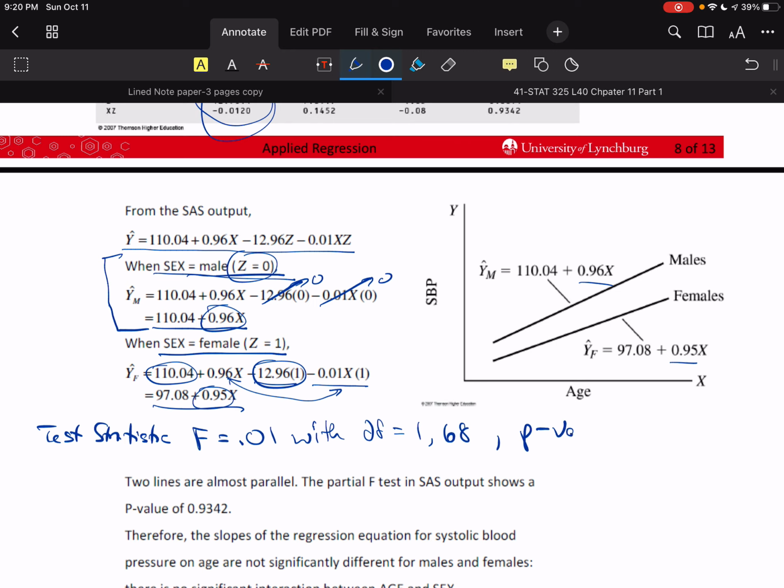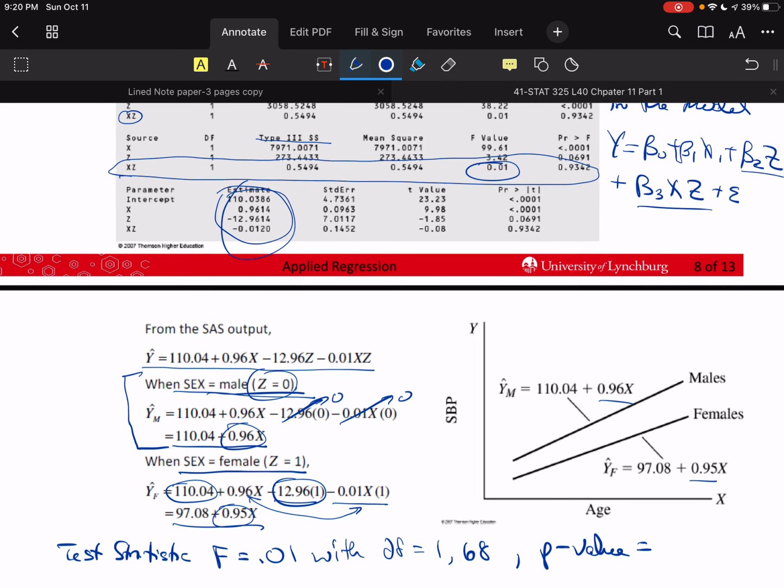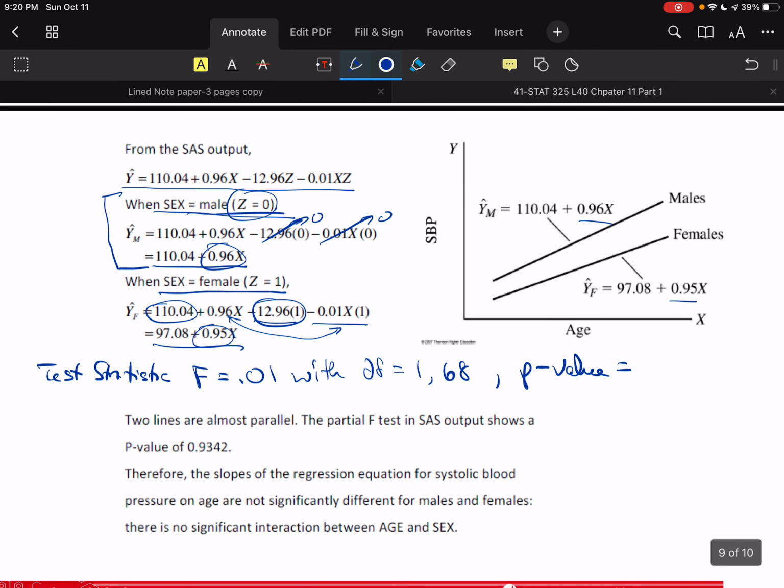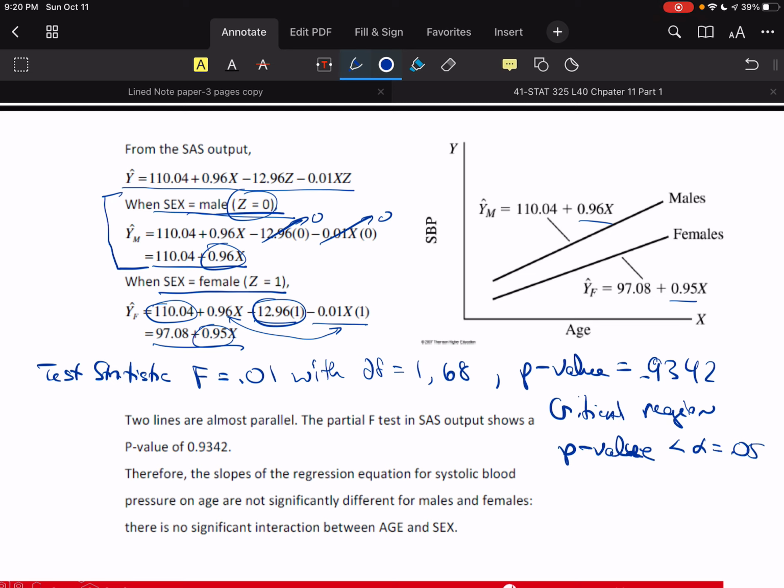P-value equals 0.9342. Critical region: p-value less than alpha, let's say that's 0.05. So we'd say 0.9342 less than 0.05. That's not true.